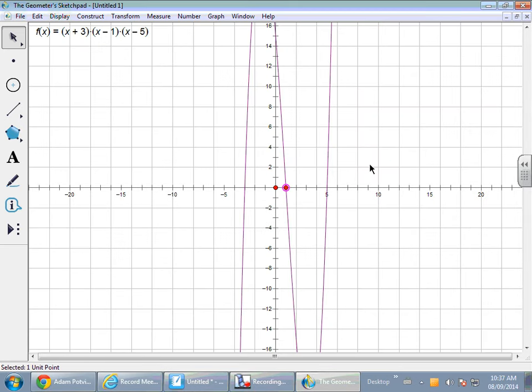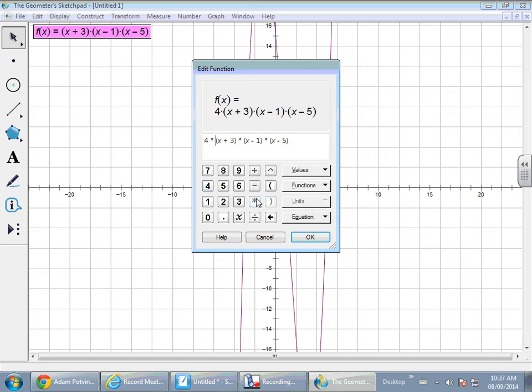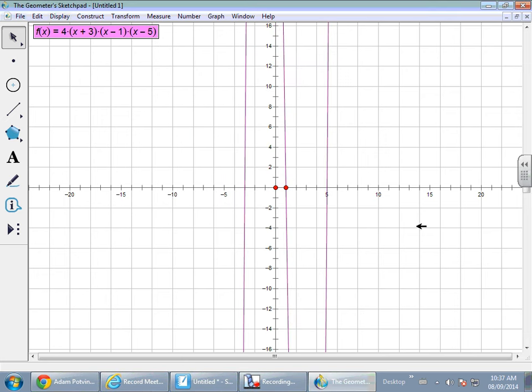And the x-intercepts of that we know are -3, 1 and 5, right? Okay. How about if I graph this one? What do you notice? What stayed exactly the same?